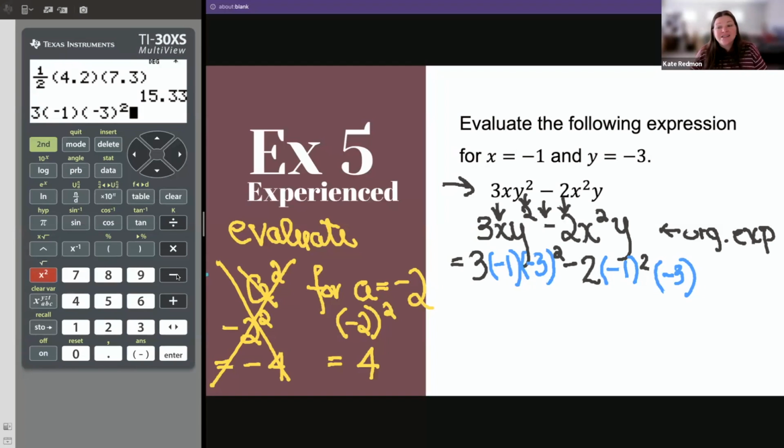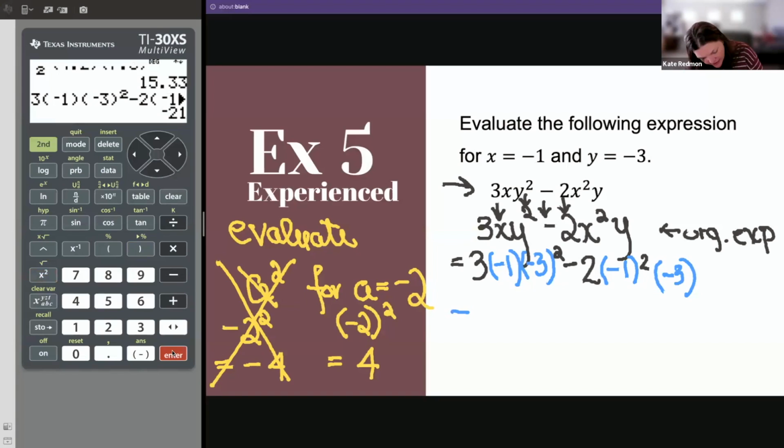And now see how that minus sign this time is between those things on the outside of the parentheses. Now I'm going to use a minus, not a negative. 2 times -1, close the parentheses before I square it if I want the right answer. Open up parentheses and -3 squared. And I get -21.